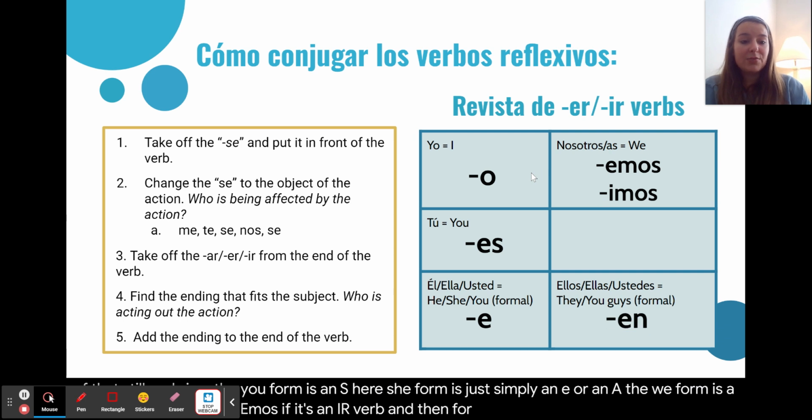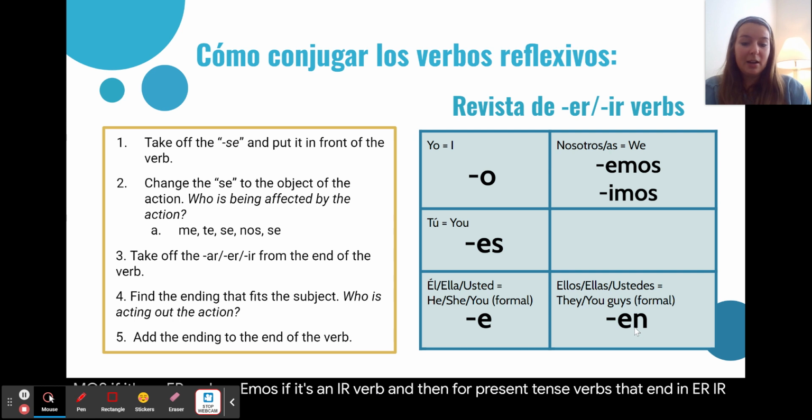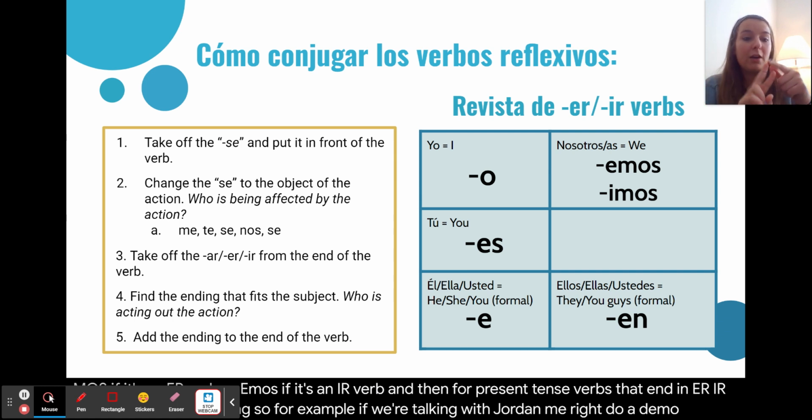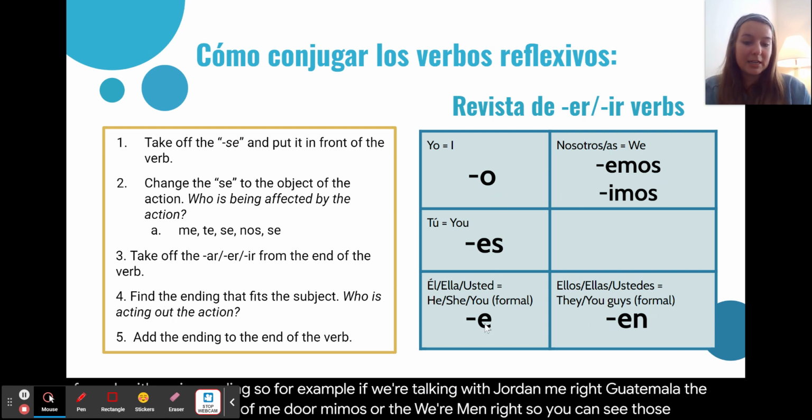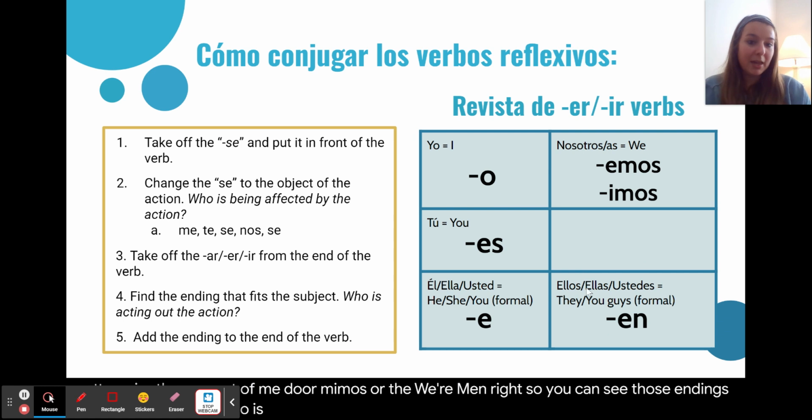And then for present tense verbs that end in ER, IR, for they, it's an EN ending. So, for example, if we're talking with dormir, right? Duermo, duermes, duerme, dormimos, or duermen, right? So you can see those endings playing out based on who is sleeping.